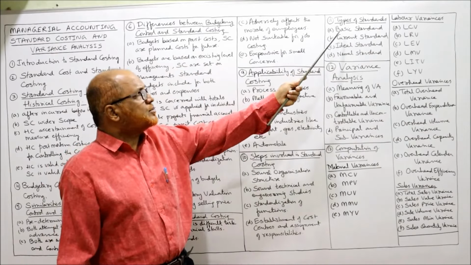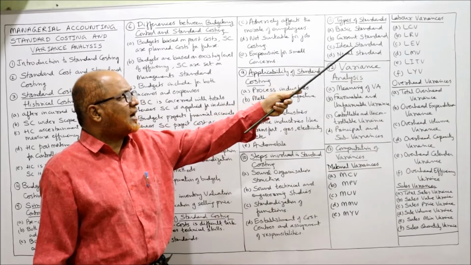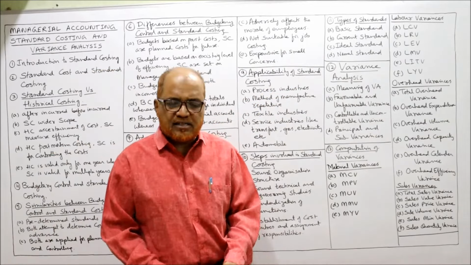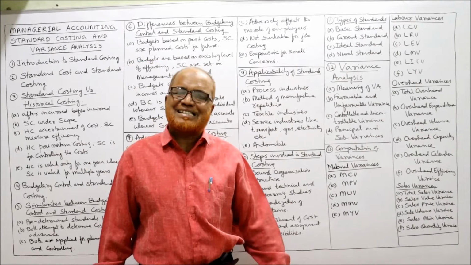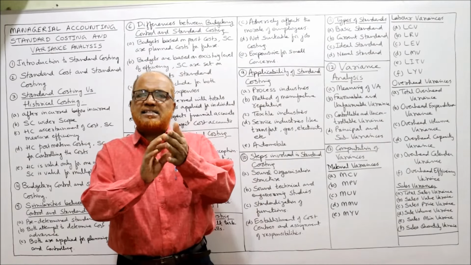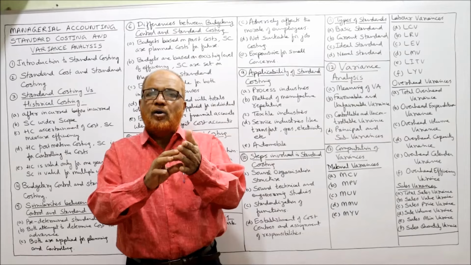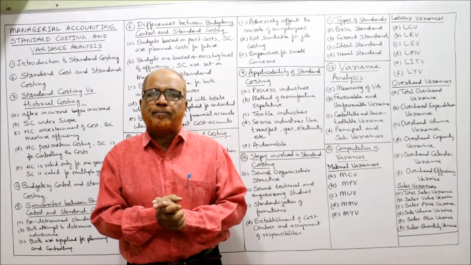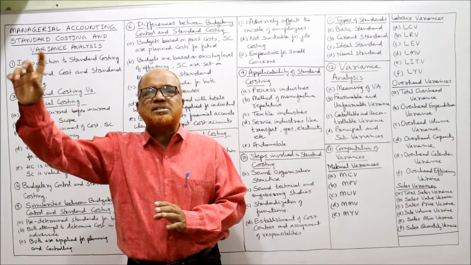Next comes types of standards: basic standard, current standard, ideal standard, normal standard. Four types of standards are there. First, basic standard. Basic standard is a standard which is made for a long period of time, just like a straight line trend. It's a long-term standard.